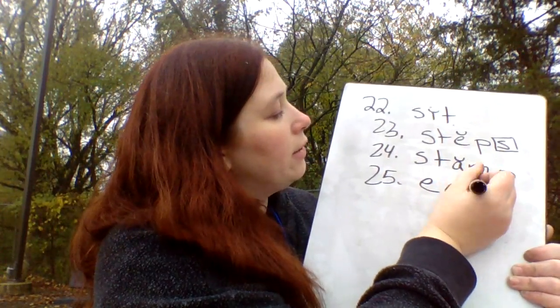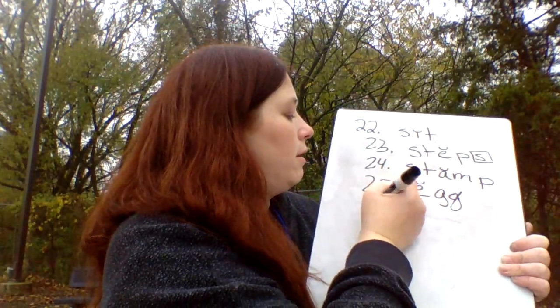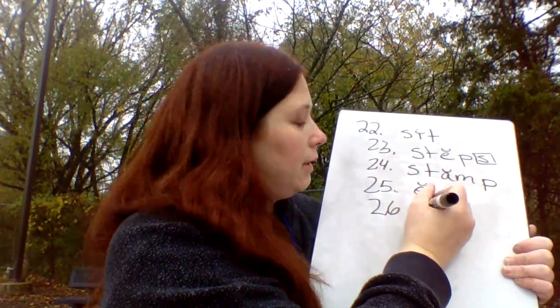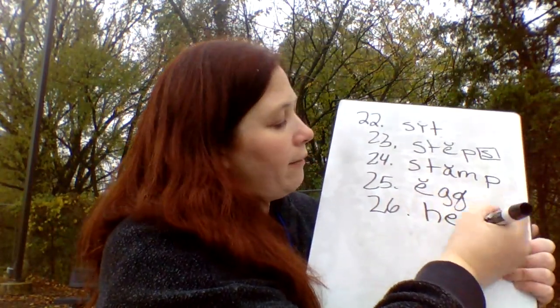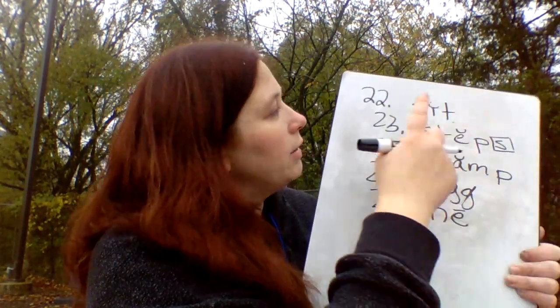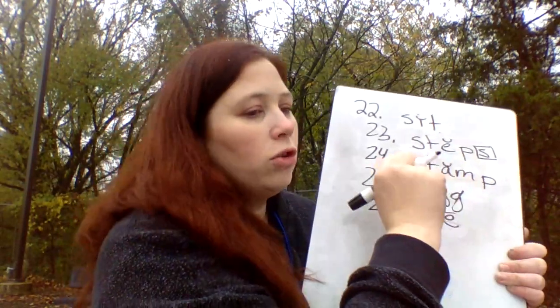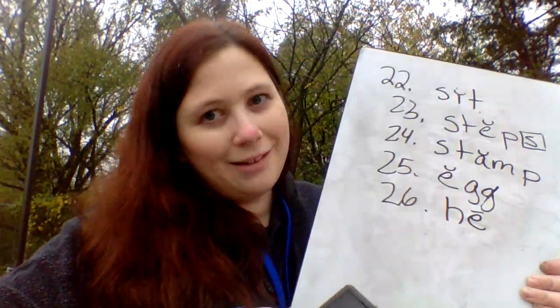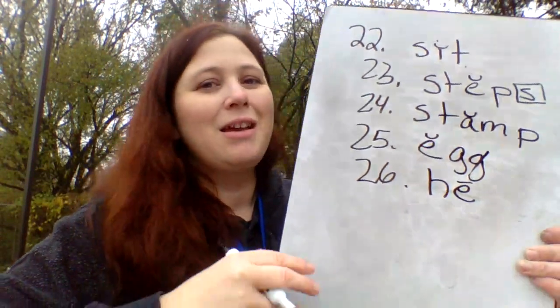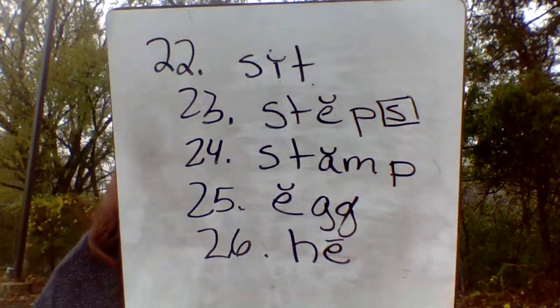We don't say that second G, we can just cross it out. The E gets a brev. And 26, he. Here we have our vowel open at the end, so it gets the macron, and it's he. So read these words, sit, step, stamp, egg, he, and draw a line to the picture that matches. And then make sure you pause and get these written down if you don't have them on your paper.